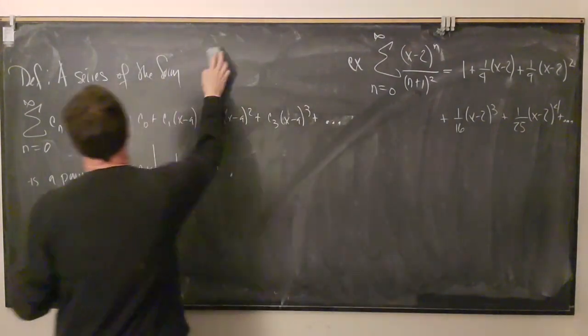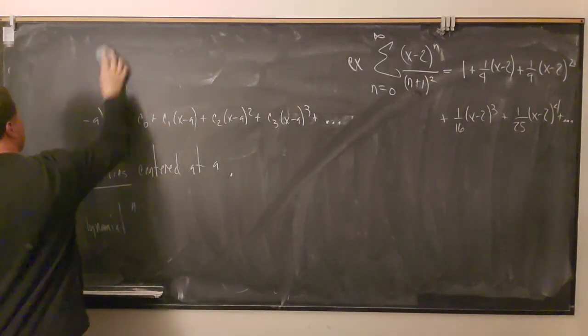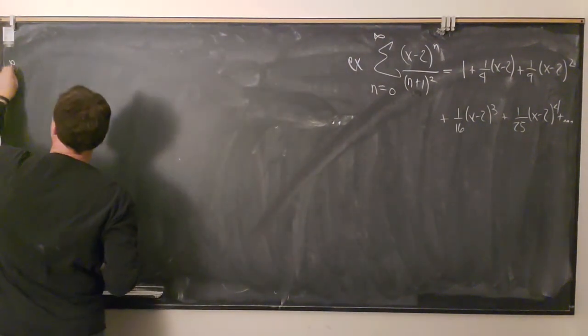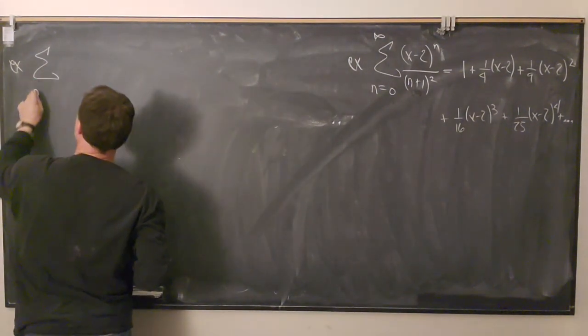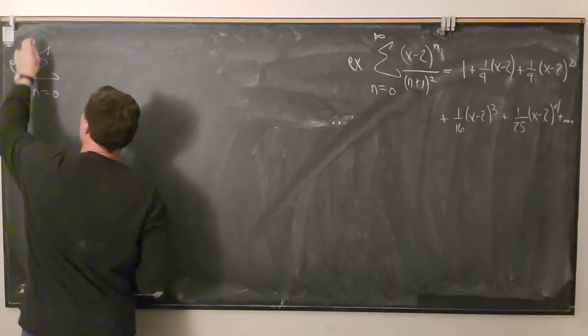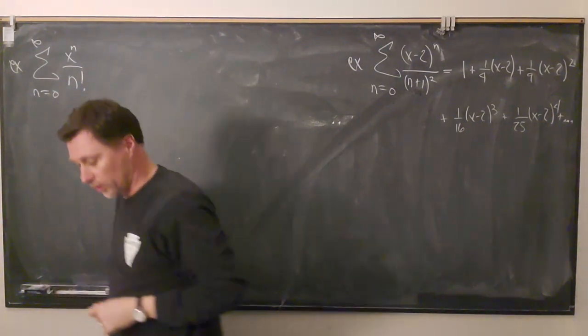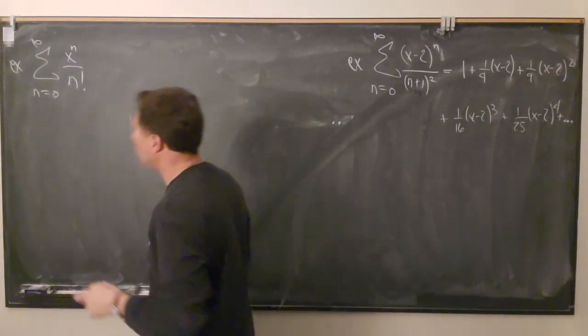Another example. This one's kind of a famous example. Sum n equals 0 to infinity x to the n divided by n factorial. What would this one look like?